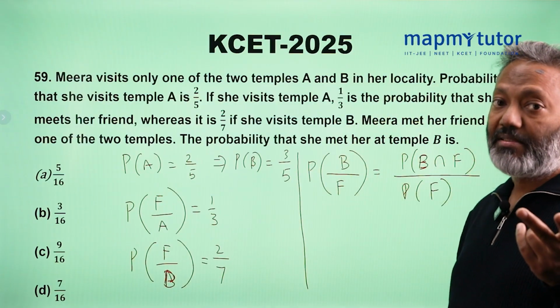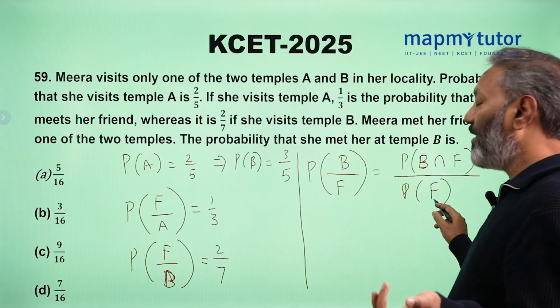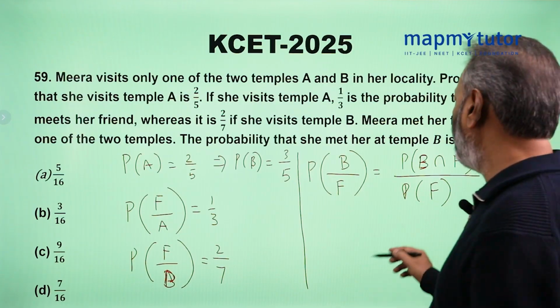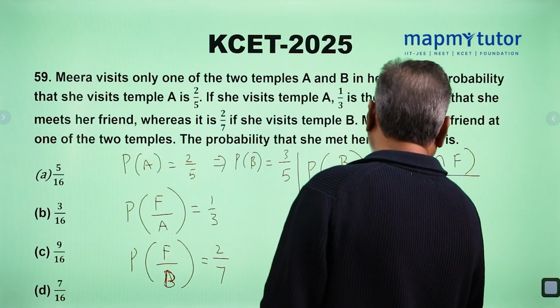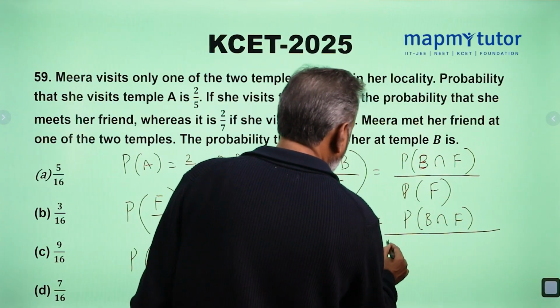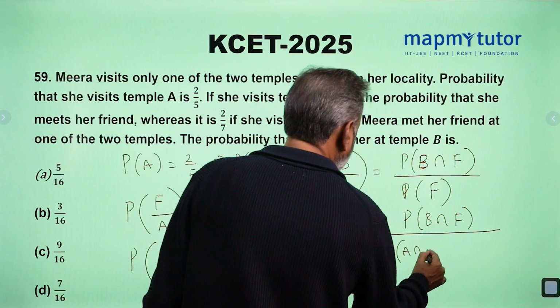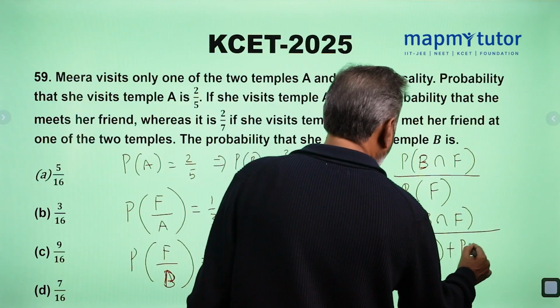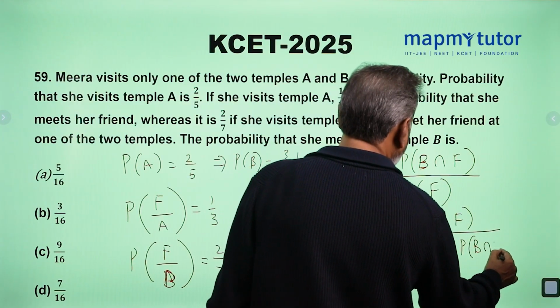What are the two chances? Either she meets her friend at temple A or temple B. Therefore, P of B intersection F is your favorable case, of course. And here there are two cases, P of A intersection F or P of B intersection F.